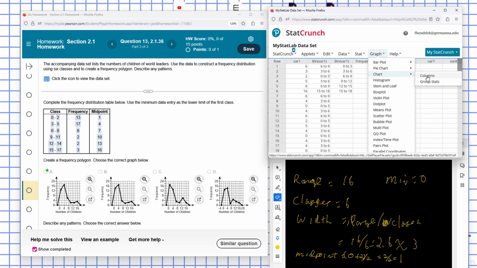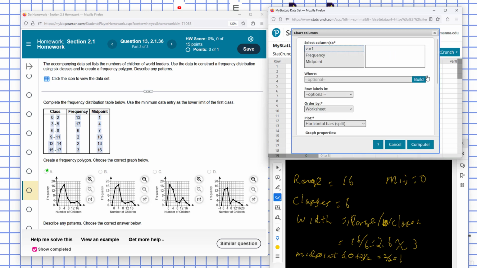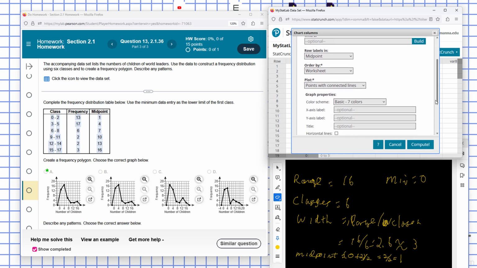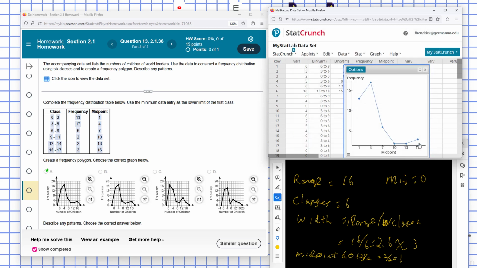Chart, frequency, and row label is midpoint. And I don't want horizontal bars. I want points with connected lines. Then I hit compute.